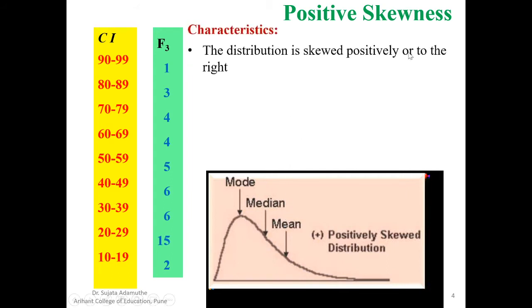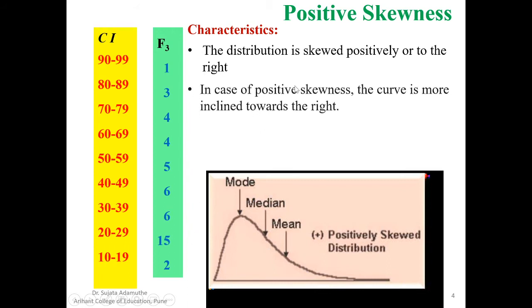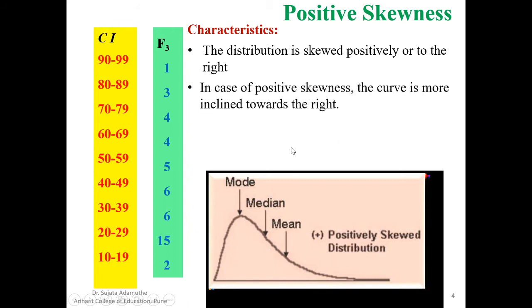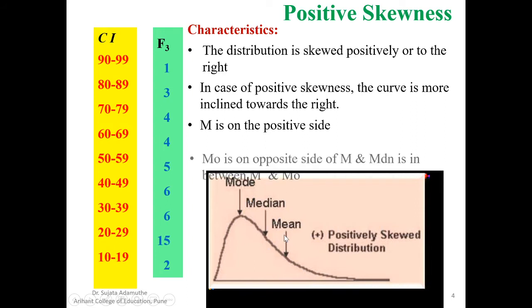The distribution is skewed positively, or to the right. That means here, to the right or positively, the distribution is there. In positive skewness, the curve is more inclined towards the right. Correct? Mean is on the opposite, positive side. Mean always comes on the positive side.